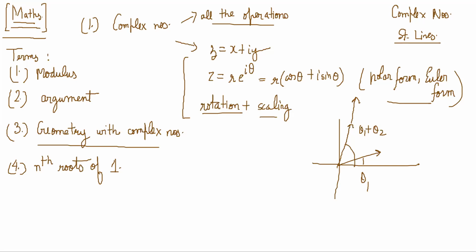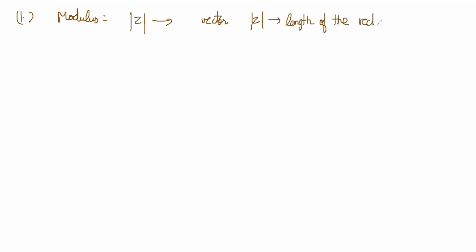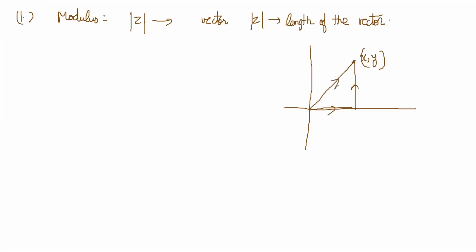So what is the modulus of a complex number? Modulus is mod z. If you think of a complex number as a vector, then mod z is the length of the vector. If you have an xy plane and this point is x comma y, this vector is x plus iy.